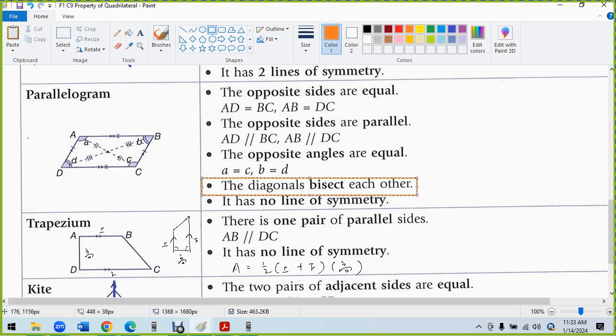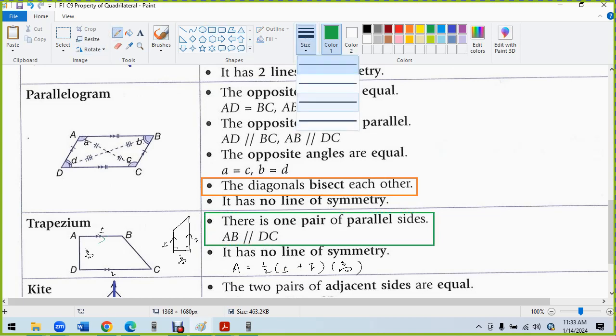So the midpoint of AC will equal to the midpoint of BD. So for parallelogram, there is one pair of parallel side. So it should be here, this one parallel to this.